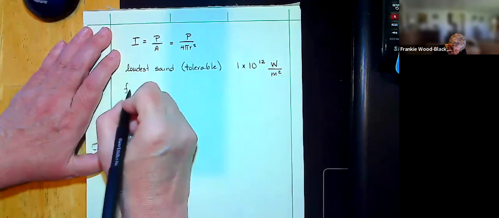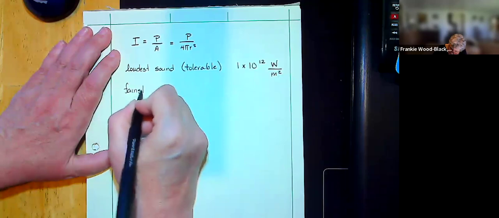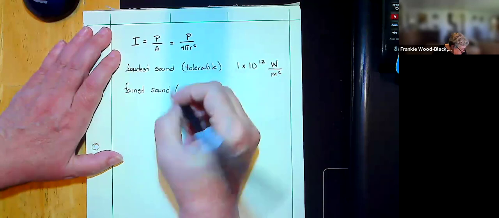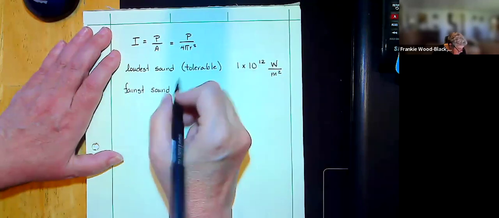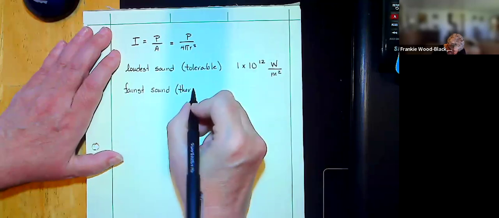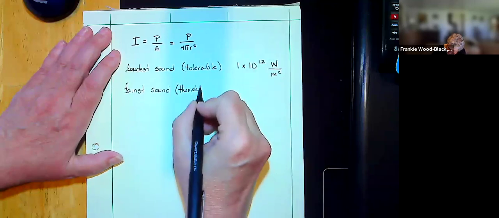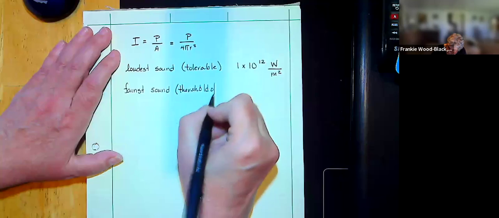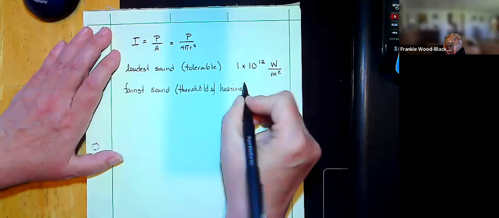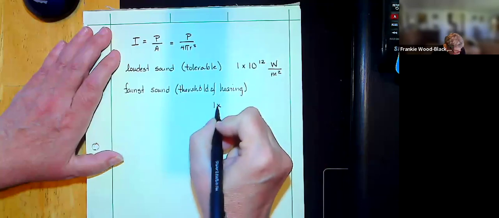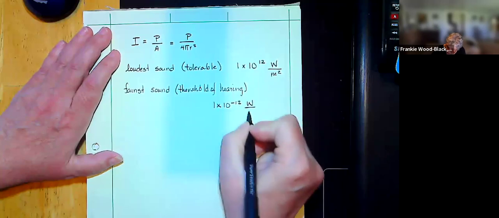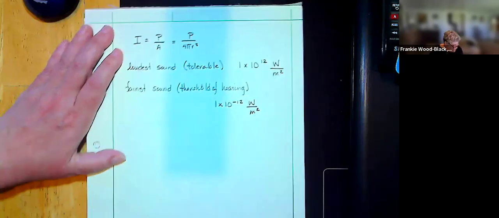The faintest sound, what we call the threshold of hearing, is 1 times 10 to the minus 12 watts per meter squared.